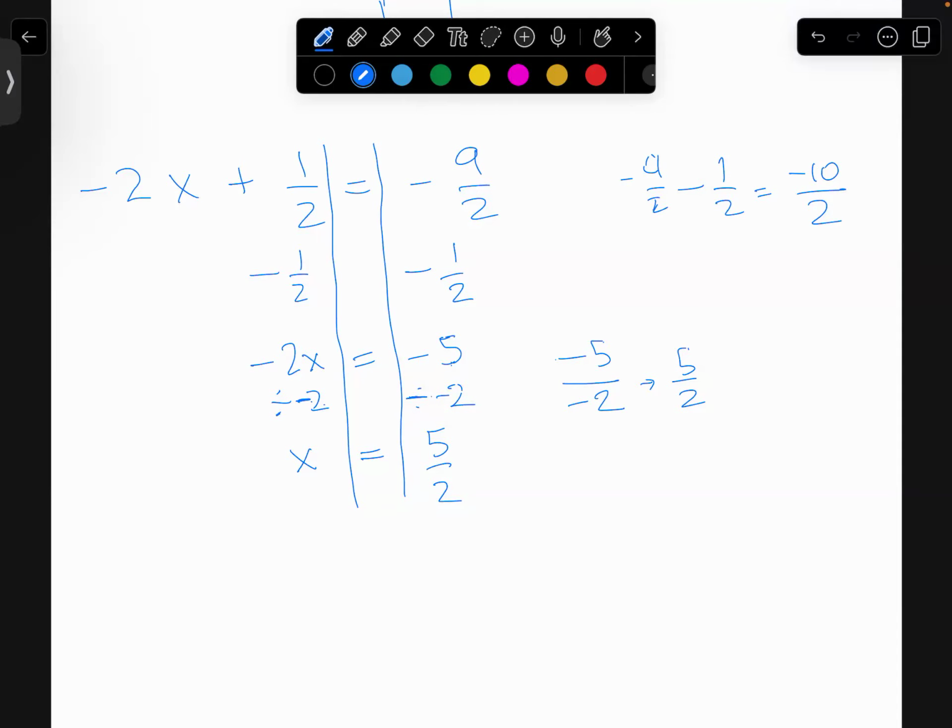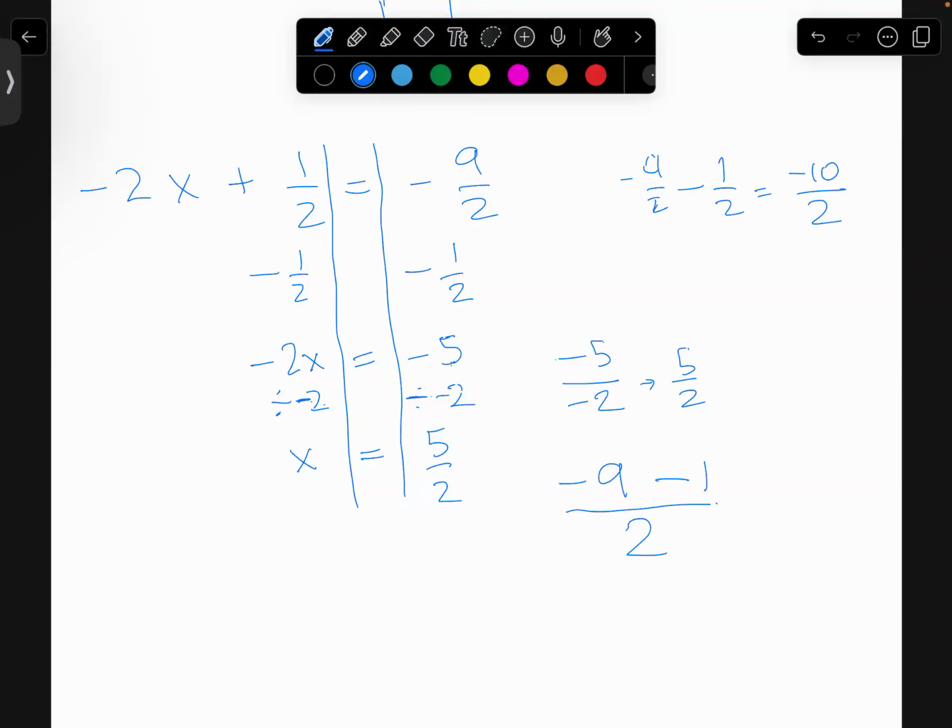Okay. So we have 1/2 right here, and we have -9/2 right here. Now we want to make x by itself, so we subtract 1/2 on both sides. If we do -9/2 minus 1/2, think of it as -9 minus 1/2.